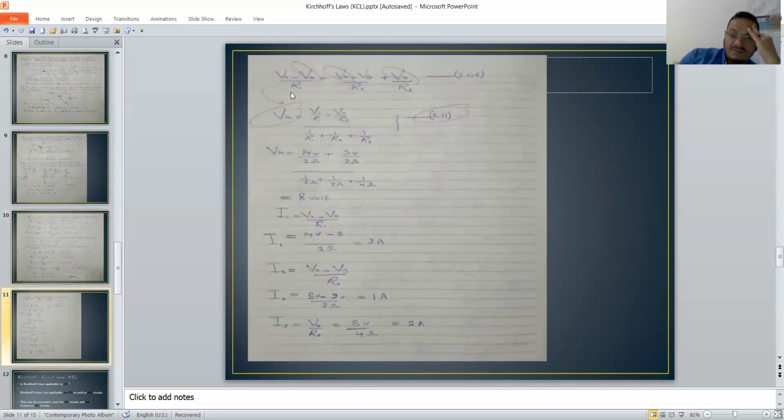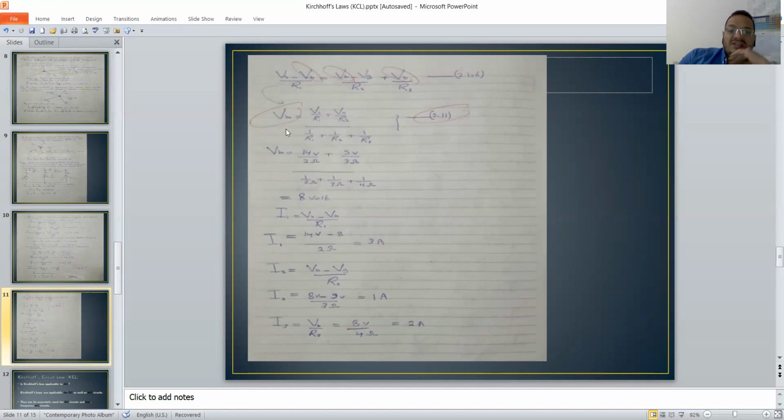VS minus VB divided on R1 equal VB minus VG on R2 plus VB divided on R3. After that, by using some tricks, VB equal, like we're seeing here, equation number 2.11. That's the last important equation to us.